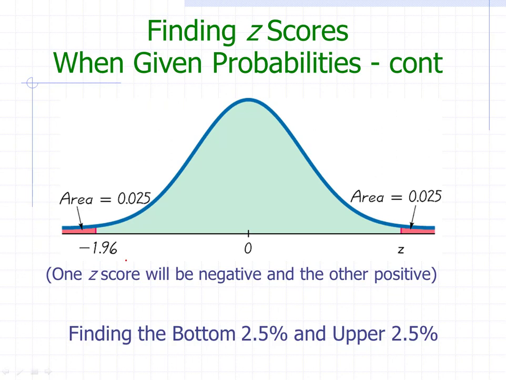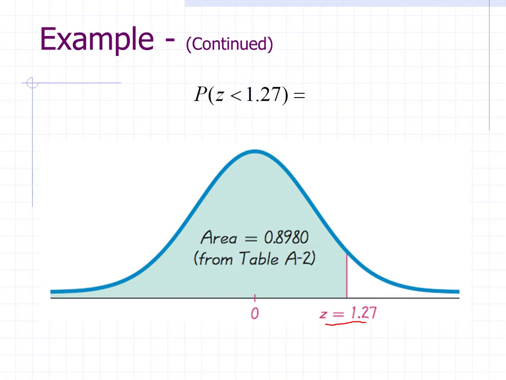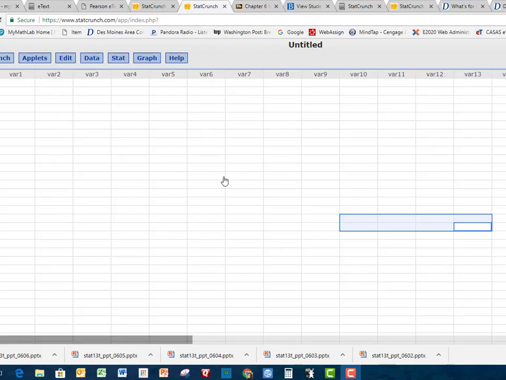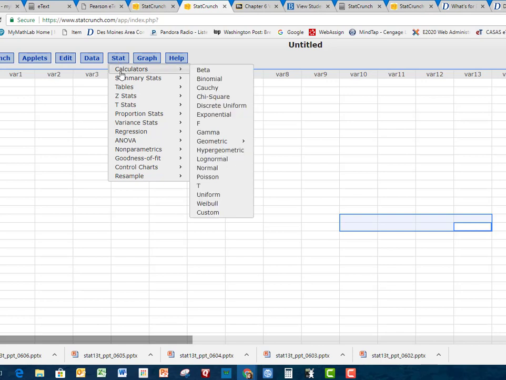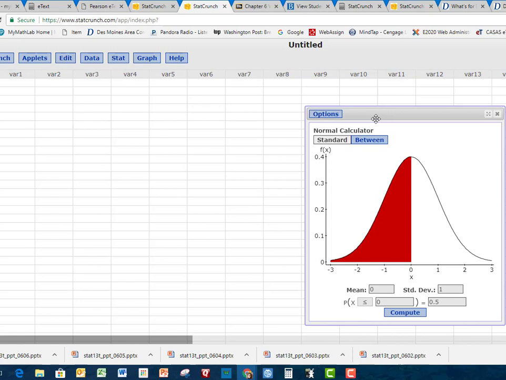Let's go back and let's use StatCrunch to do these same problems. So let's bring in StatCrunch. Okay, so we're doing what's the probability that z is less than 1.27. So what I'm going to do is refer to page 249 and click Stat, go to Calculators, and then go down to Normal, and let me pull this over so you can see it.